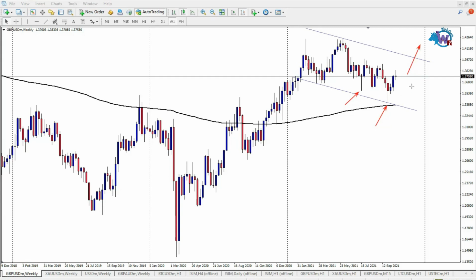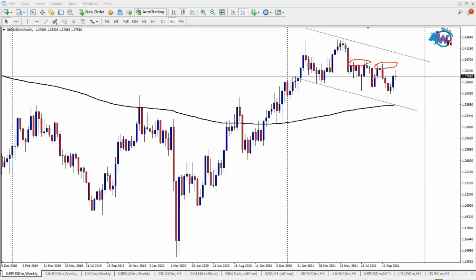Last week closed as an inside bar, which signals a continuation. This is on the weekly, but not forgetting that price is currently at a point which we will not just let go, this area of supply. This area is very significant as price has been trading within that zone for a long time.